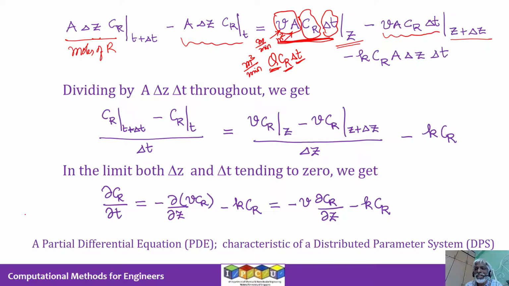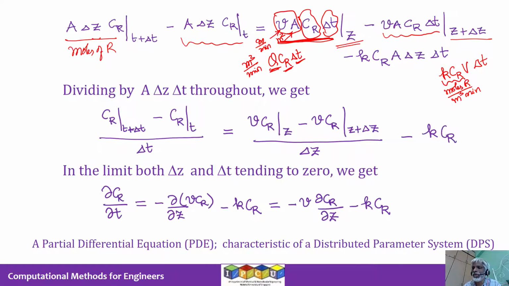Now coming to the reaction term, for a CSTR, we would have written this term as k CR V delta t, because the rate of the reaction k CR is written in moles of R per meter cube per minute. That's always the rate of the reaction, in units of moles of species divided by volume times minute, right?